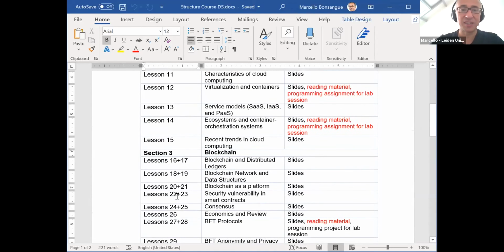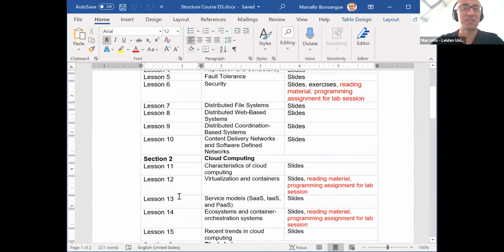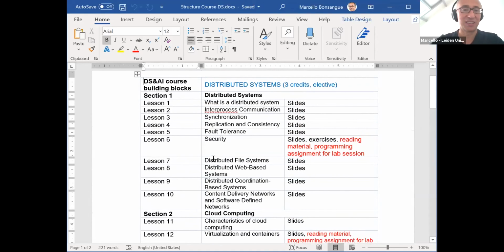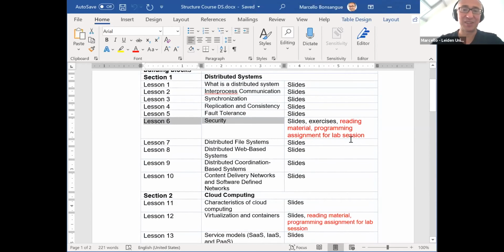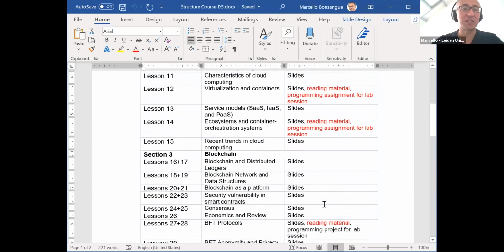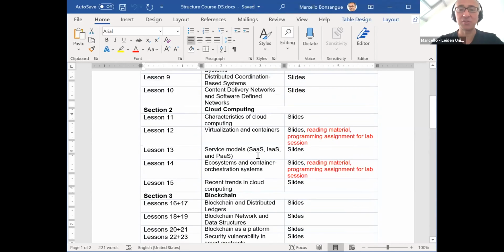But as I say, it's not easy, for example the security part has just 1 slide, and you also have to introduce the material and the exercises. What you see in red here is material which is not present, but which was originally described in the structure of the course.